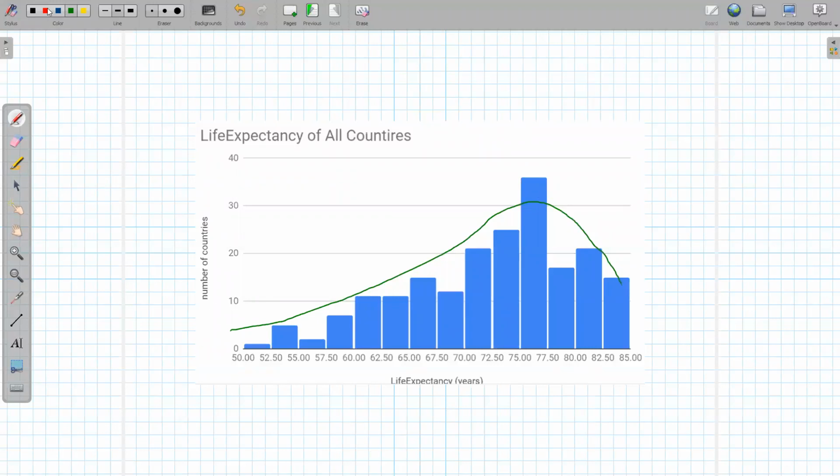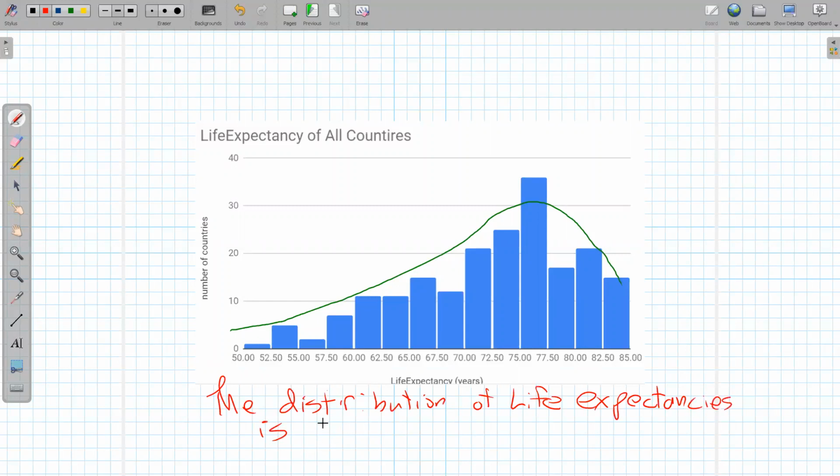So I'm just going to say this one seems just skewed left. Distribution of life expectancies is skewed left because that's where the tail is.